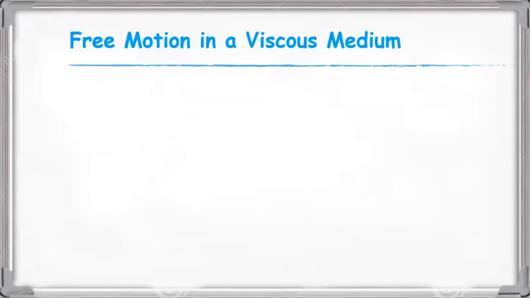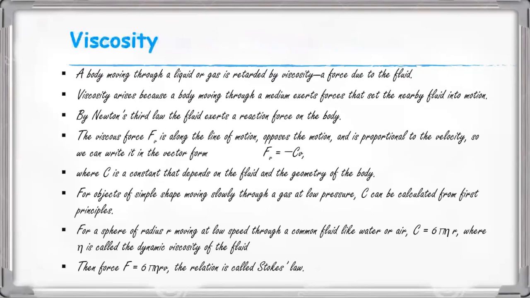Now we consider motion in a viscous medium. In the previous slide, we have gone through that the viscous force F is equal to minus C into V, where C is some proportionality constant that depends on the fluid and the geometry of the body.